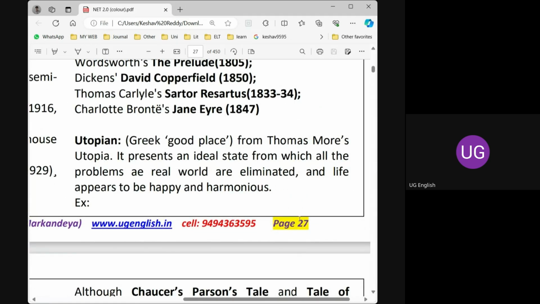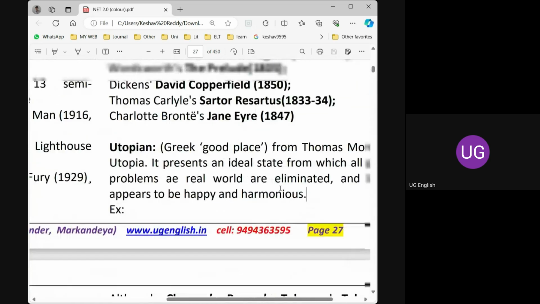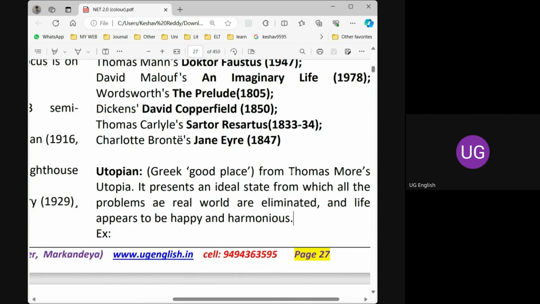So to quote some examples of utopian, in Utopia, Thomas More's work is very important. I have given a detailed description of this work. All the people have 8 hours of work in Utopia. They have 8 hours of work, 8 hours of sleep, and 8 hours of recreation, and there is no gambling, no betting, or no cheating games played.